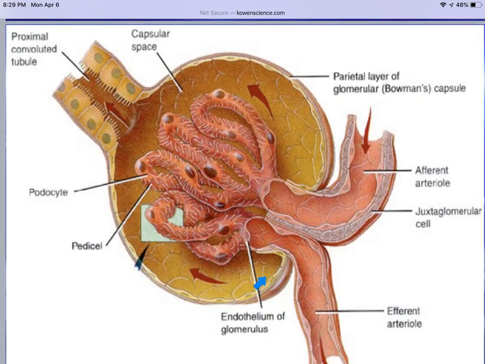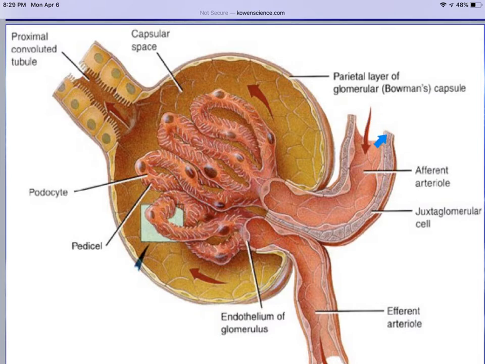Now on this glomerular capsule, we have little arterioles that are going to be bringing blood into this glomerular capsule. The glomerular capsule is also called Bowman's capsule, and Bowman was the scientist who discovered this. There are millions of Bowman's capsules, or glomerular capsules, within the kidneys.